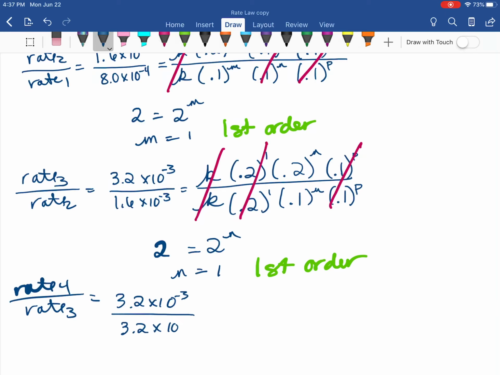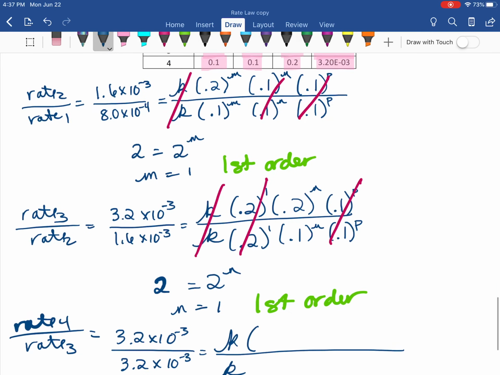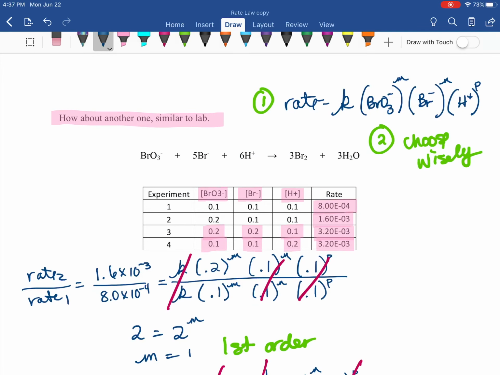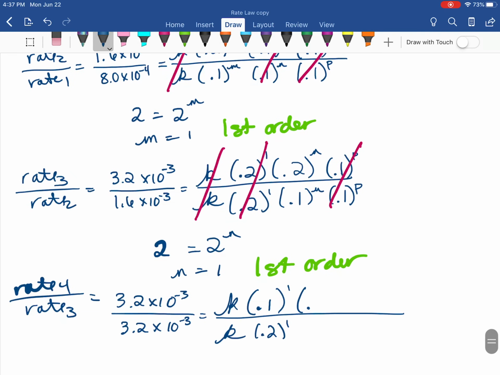If our rate stayed the same, there's got to be something deep here somewhere, right? Let's take that k for both of those. Then we've got 0.1, 0.2 to the 1, 0.1 and 0.2 again.